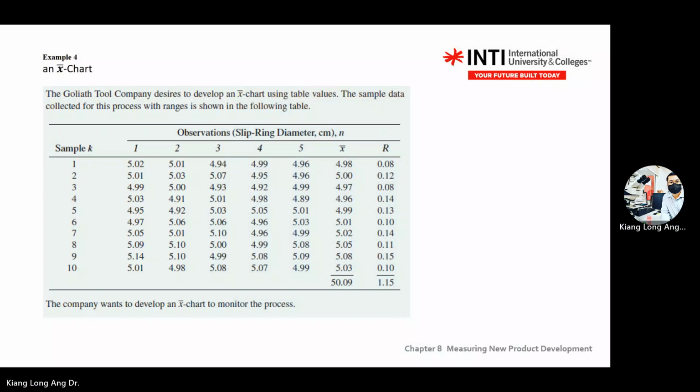So if you look at the same example like just now, the bearing company. The same table, they want to develop the mean chart to monitor the process, but in this case, they don't tell you the standard variation. The R value is given here.